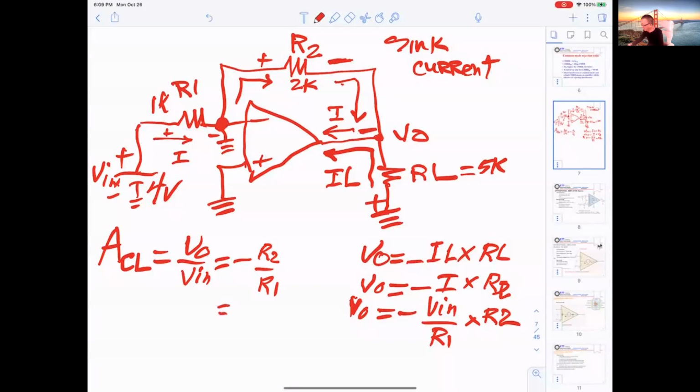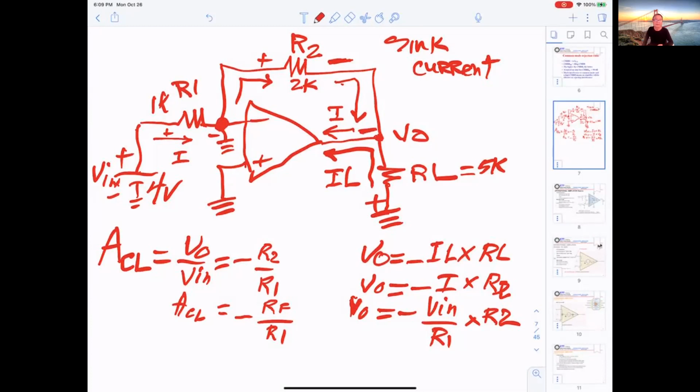Or I give a little more detail here. I say RF divided by R1, ACL. In this example I'm using R2, but that is also RF. I'm telling you, in the circuitry, in the company, you never see RF. Inside the company they use R1, 2, 3, 4, 5, only the number.